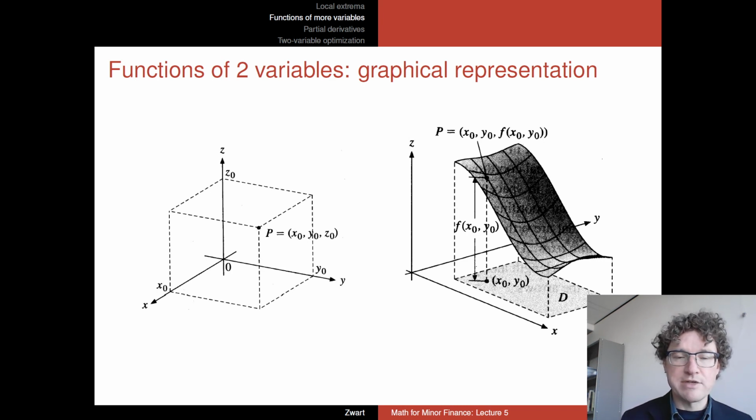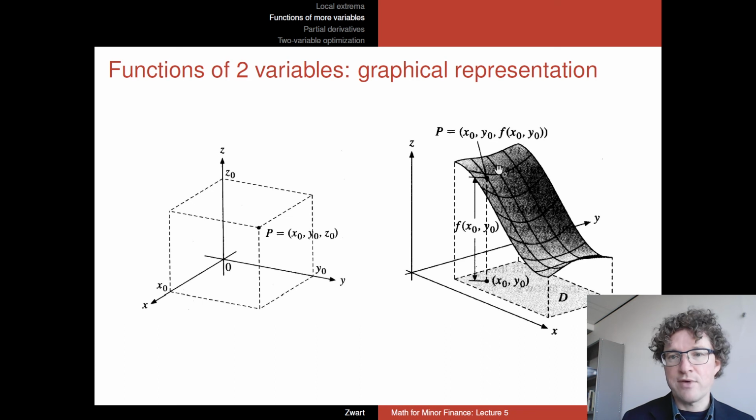And if this function does so for many different x's and y's, so here we have a whole domain, this rectangle here might be the domain, all the allowed x and y's that are inputs of this function, well, the function for each of these points that we choose in this domain will give us a result, which is a z value, and which we can depict in this graph as the height of this graph.